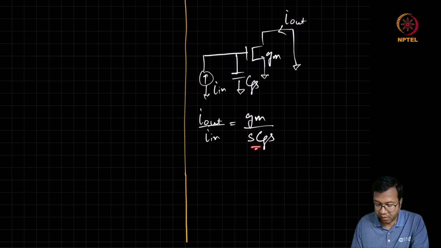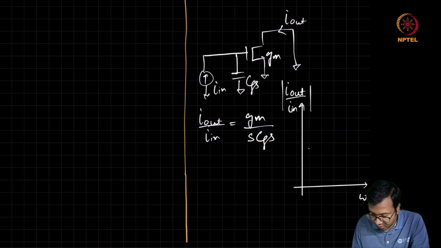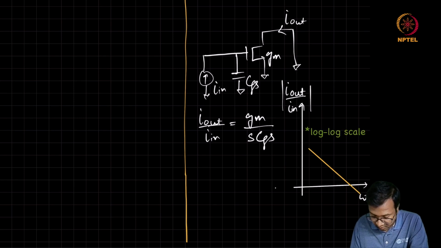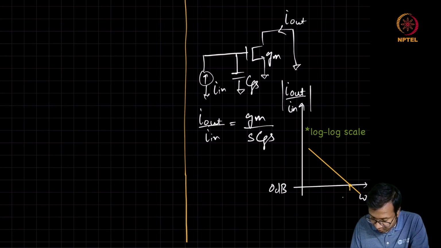This is going to have a 1 by f kind of profile with frequency. Your current gain becomes 0 dB at some frequency. So the frequency at which this current gain becomes 0 dB is called omega t.